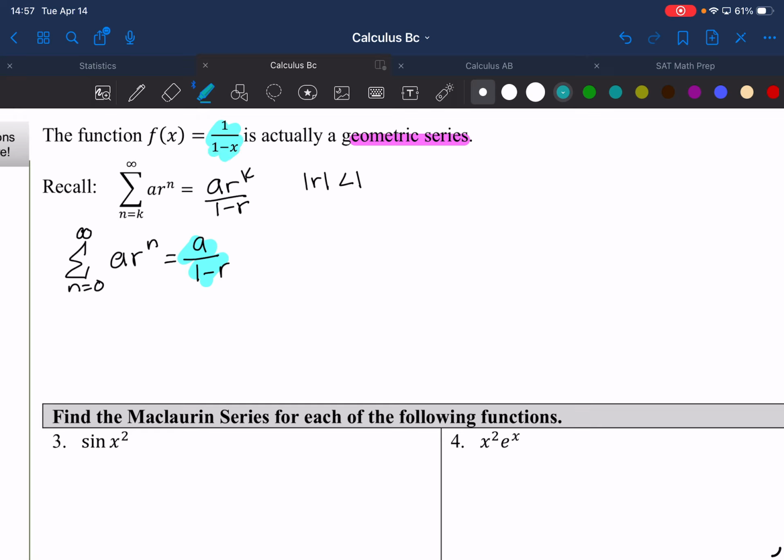If you look at the original one, the 1 over 1 plus x, notice it looks exactly the same, but instead it's alternating between positive and negative. For this one with 1 over 1 minus x, they're all remaining positive, but everything else is the same.